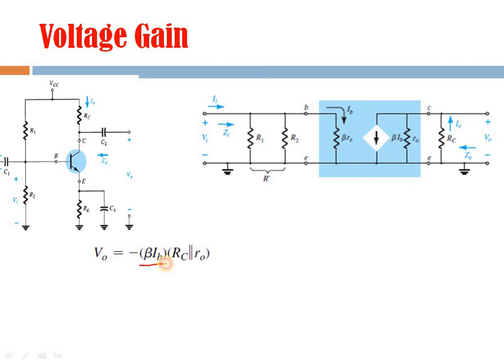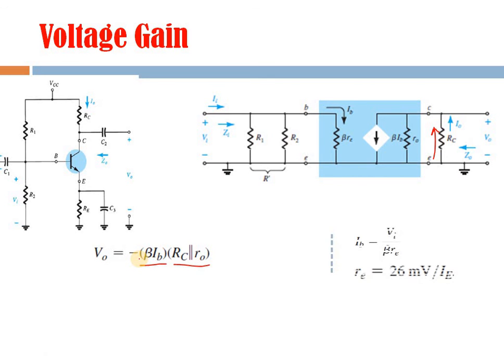This is the output current, and this is the net output resistance, which is the parallel combination of these two, and it's minus, of course, because this current is going like this. This lower side is at higher potential compared to the top side, because the current is moving from bottom to top. So that's why there is a negative sign here.